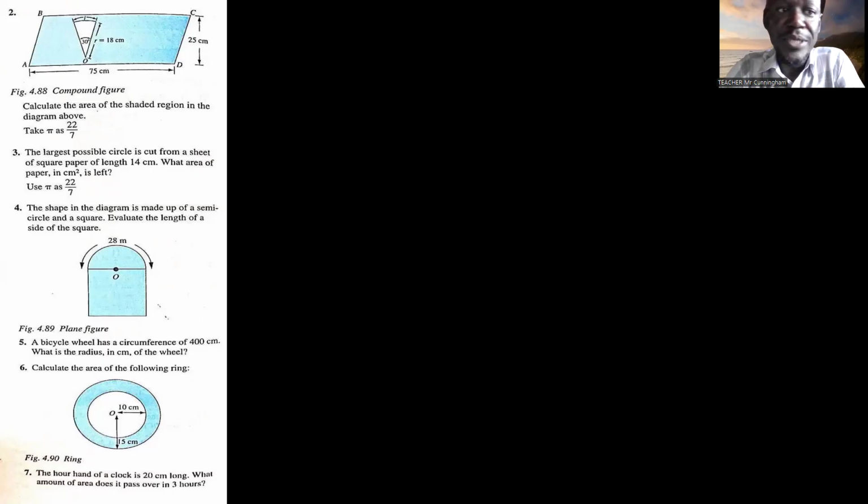They ask that we, in question 2, calculate the area of the shaded region in your diagram above. Calculate the area of the shaded region in the diagram above. All right?